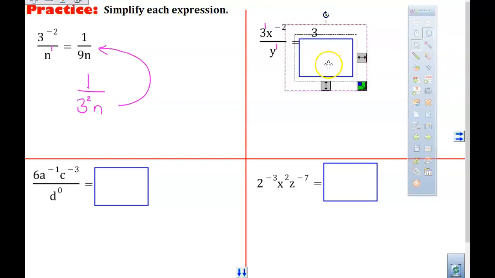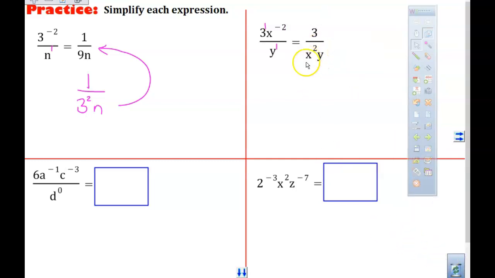Does that make sense? Numerator. Okay. So on the top, 3, and then what's going to be on the bottom? The denominator. X to the power of 2y. X squared y. Okay? So the only thing moving is your negative exponent. So, I'm looking at the next one.